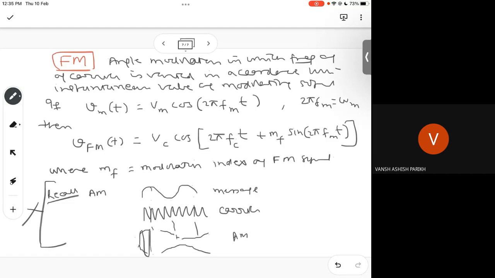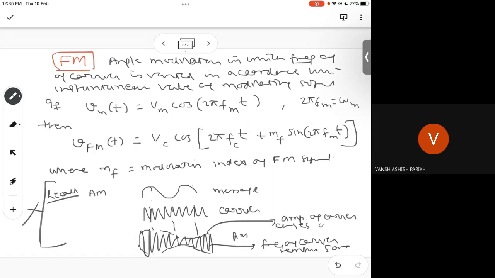My frequency of the carrier remains the same, but the amplitude of the carrier changes with the amplitude of the message signal. Here I am getting the maximum amplitude, and here I am getting the minimum.